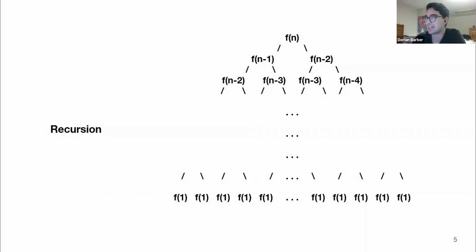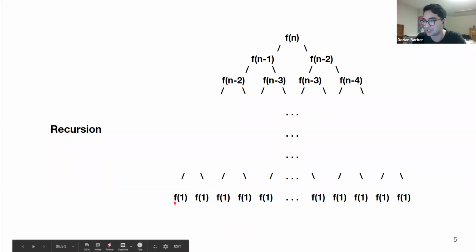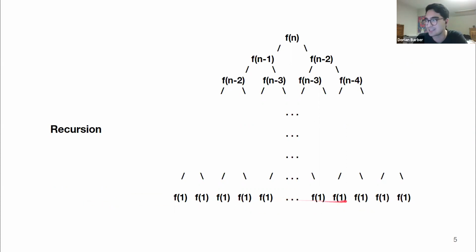And you might notice that there are a lot of function calls that repeat themselves. We see f of n minus 2 come up here twice, and then we see f of n minus 3 also, and f of n minus 4. If we kept going, we would see a lot more of those as well. And maybe even more so, we see a bunch of f of 1s, which would be our base case. And so you might say, okay, why would I want to recompute something that I've already computed before?